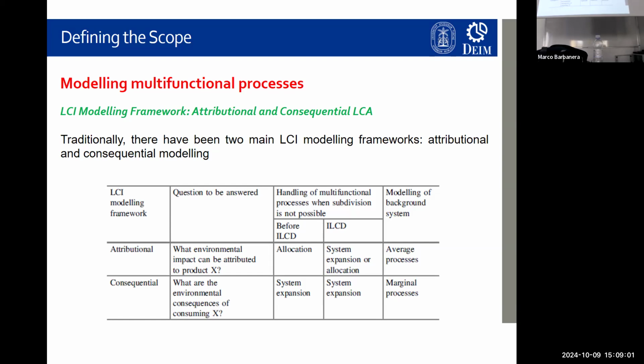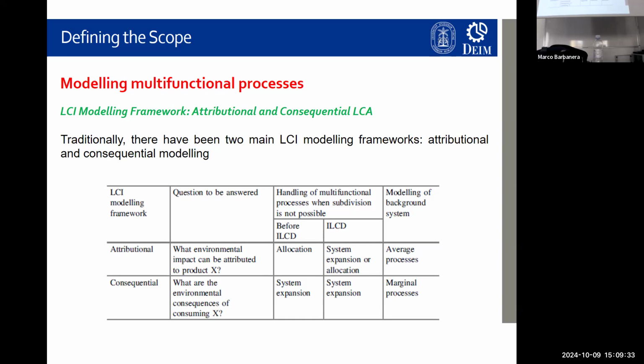Okay, foreground, background system. Foreground with primary data, data measured in a company and so on. And on the other hand, secondary data from recognized international databases.